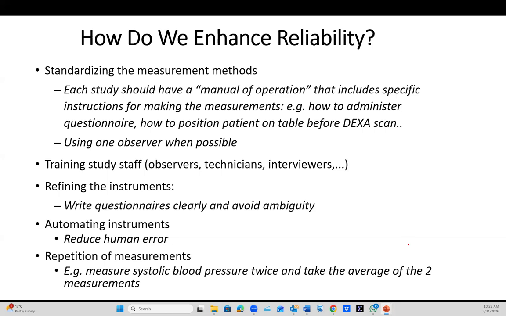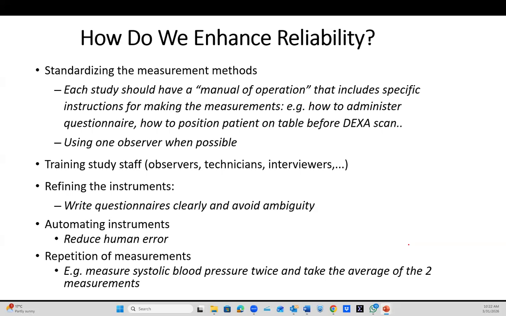There should be a very clear manual of operation, based on which all the interviewers are trained, and then they do a soft launch of the project. We observe how they're doing it, and if there is any mistake, we correct them. And this is how we improve and enhance reliability.